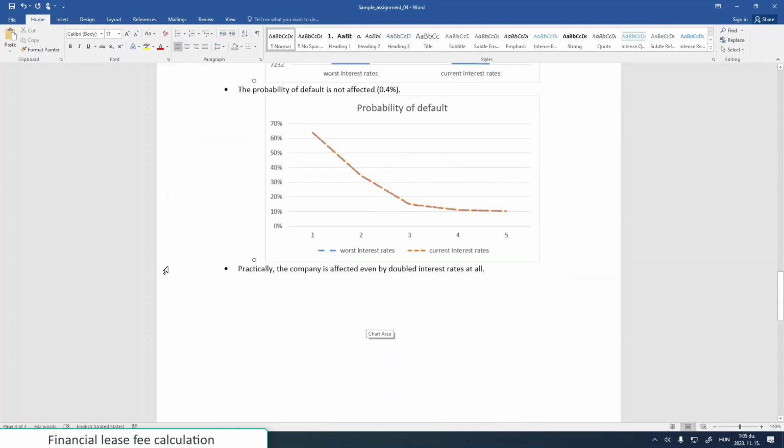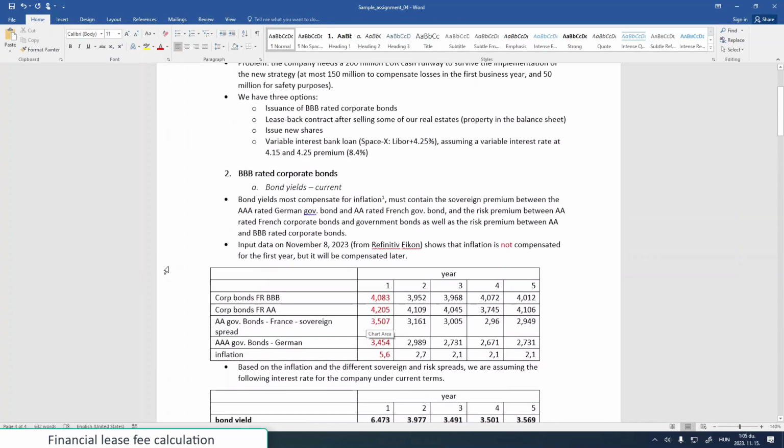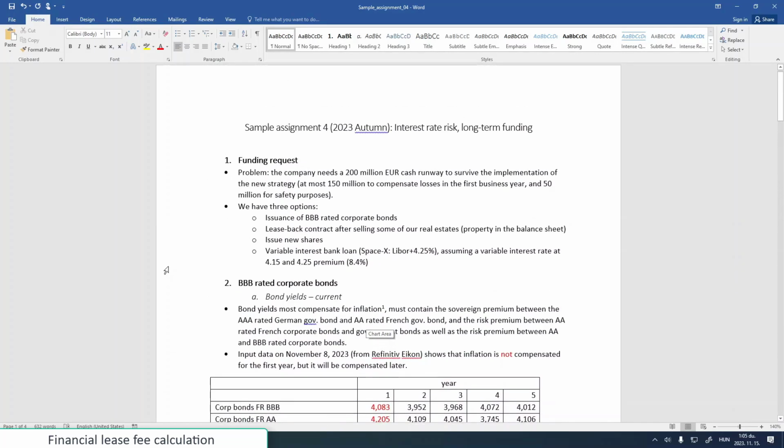I think we went through all the possibilities of dealing with bonds, so now we need the next beautiful component. This is the leaseback contract.